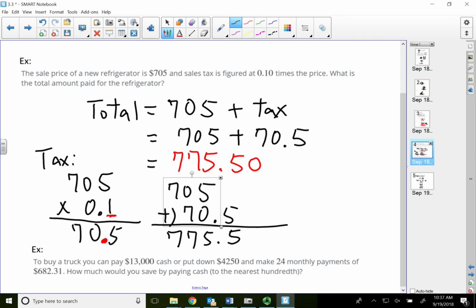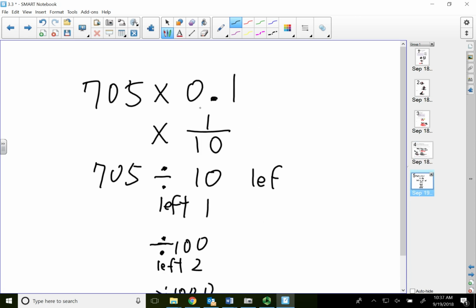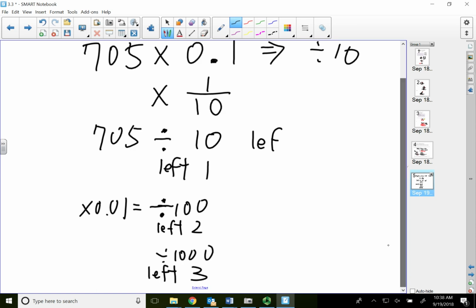Because times by 0.1 is actually equivalent to dividing by 10. Times by 0.01 is the equivalent of divided by 100. Times by 0.001 is the equivalent of divided by 1,000.